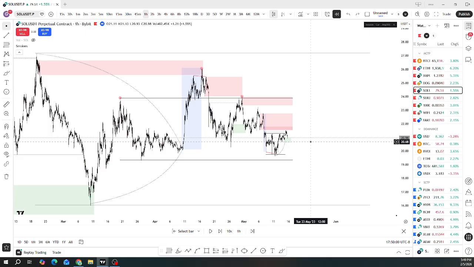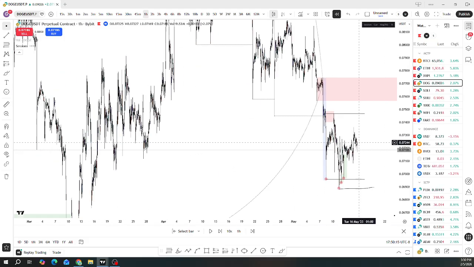Get a sip of water. Okay, scan through the pairs once again.